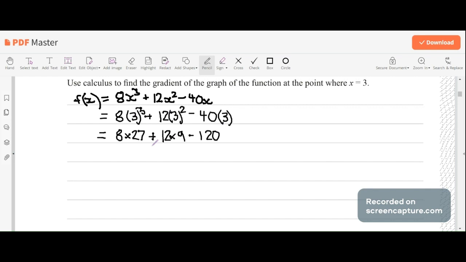So it's 160 plus 56, so it'd be 216. Just double check that. 160, yep, that's right. Plus 12 times 9 is 108. And we've got minus 120.